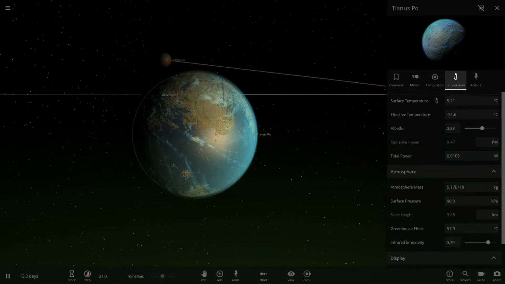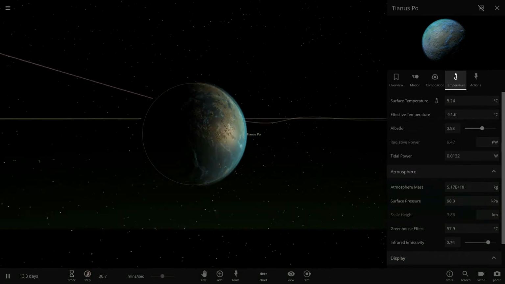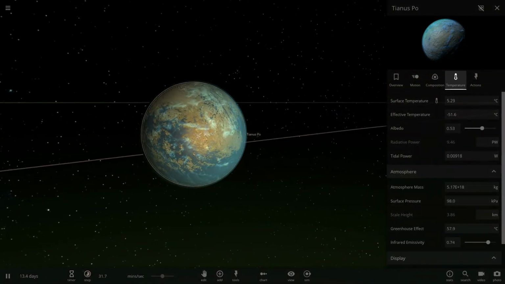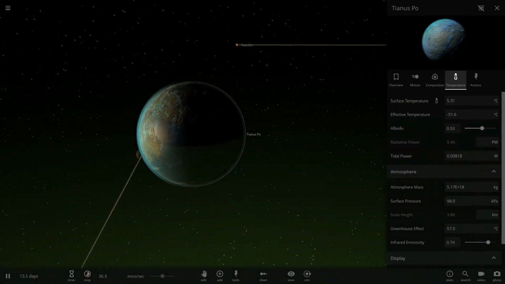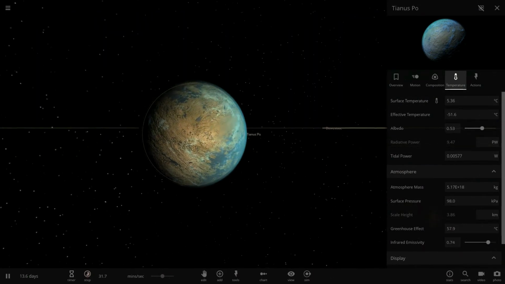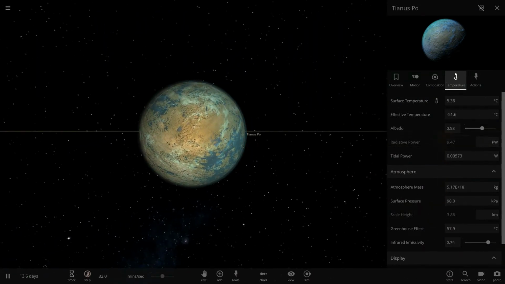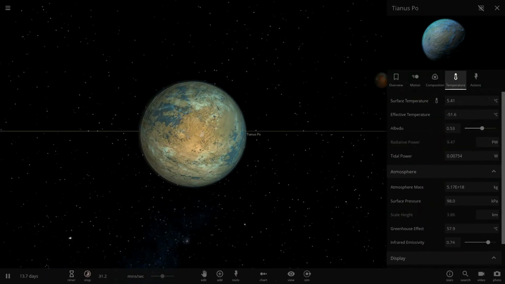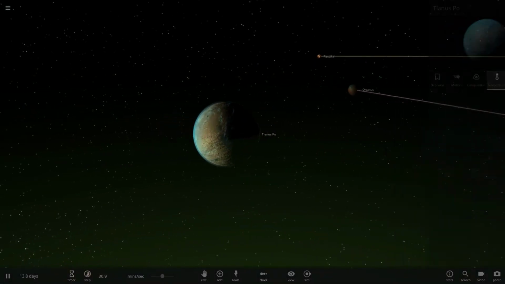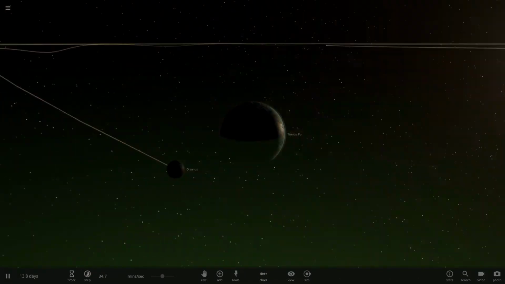I mean, the axis is a bit crazy, but if you think about it, the seasons will be shorter, so winter won't be as harsh, summer won't be as harsh, autumn and spring won't be as long. It'll be a more gentle ride.